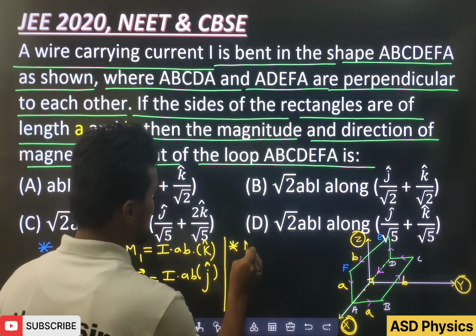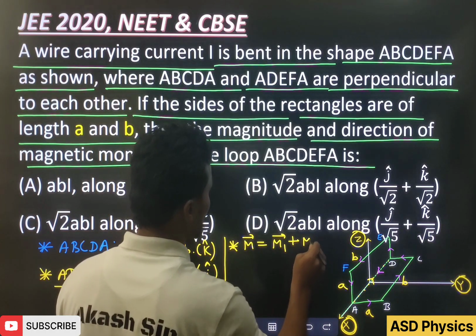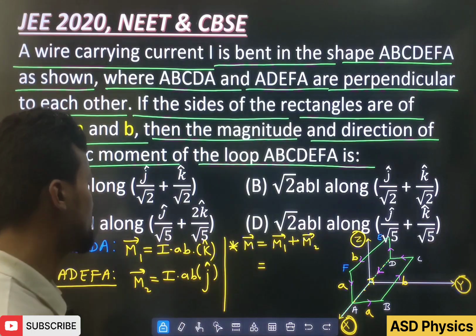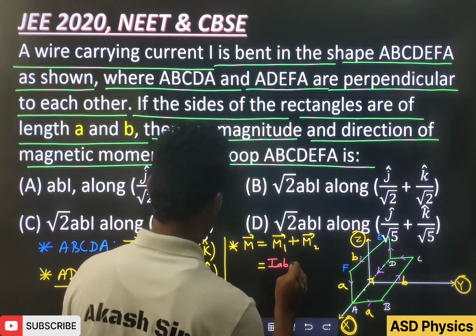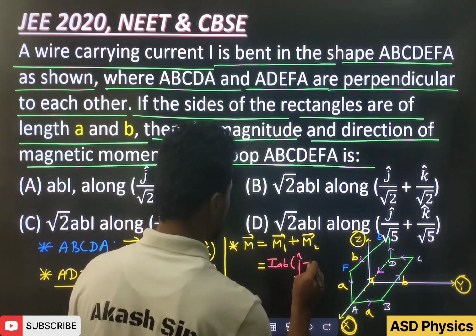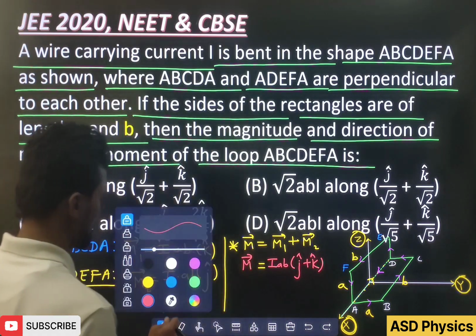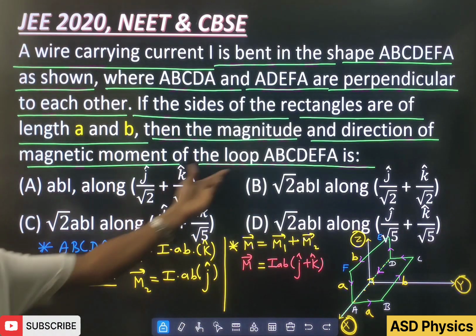After that, the resultant magnetic moment: add both of them, M1 plus M2. IAB is common. So this will come as J cap plus K cap. This is my resultant magnetic moment in vector form. But here they are giving the magnitude.